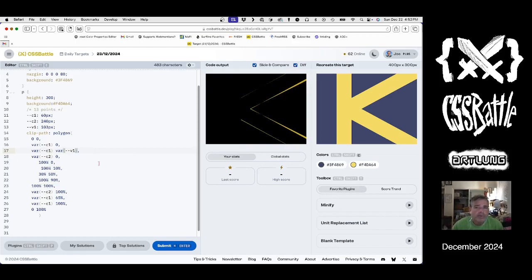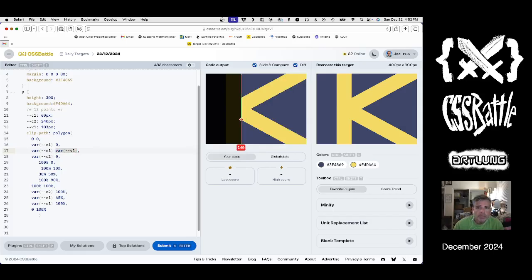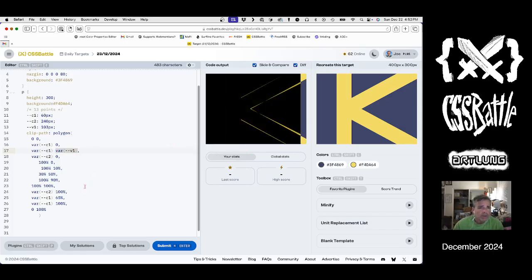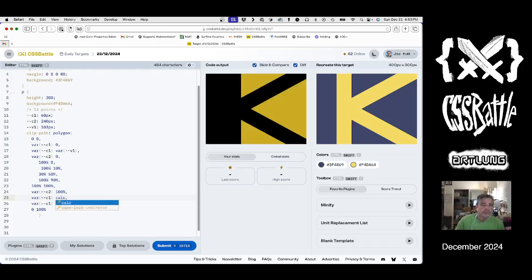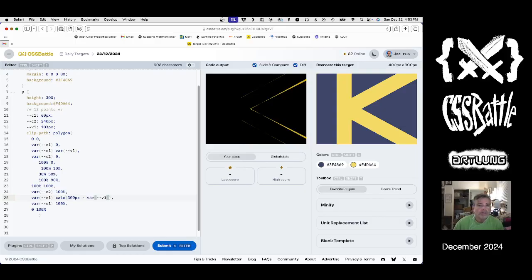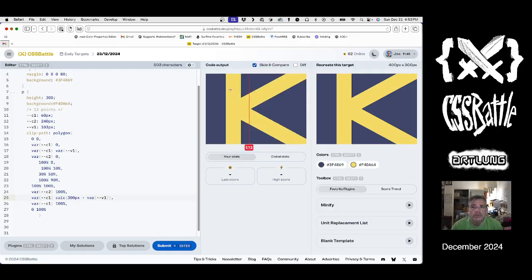And that's we've got more we want. The next one that I'd like to do is this point here, which is this guy. So we're going to do a calc 300 pixels minus var 1. So these are our tricks to work on the symmetry. We're not low enough for this point.